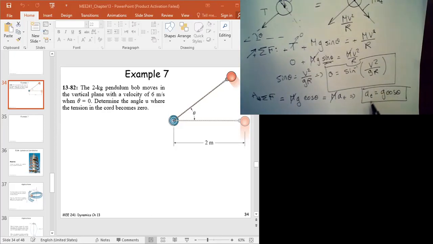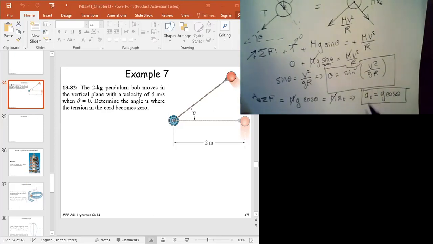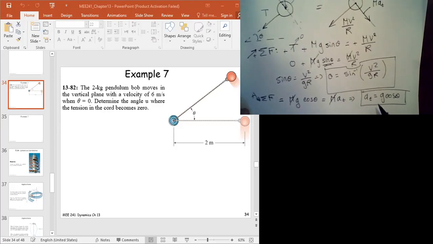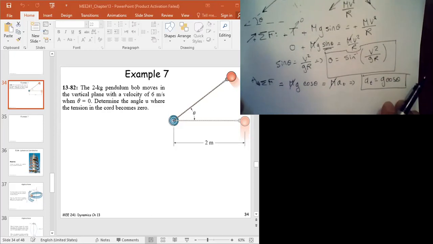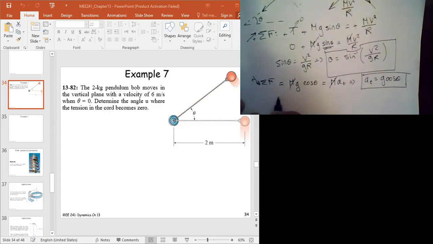If I have the acceleration, how can I find the velocity? We integrate. Exactly. But what equation do you have to use?